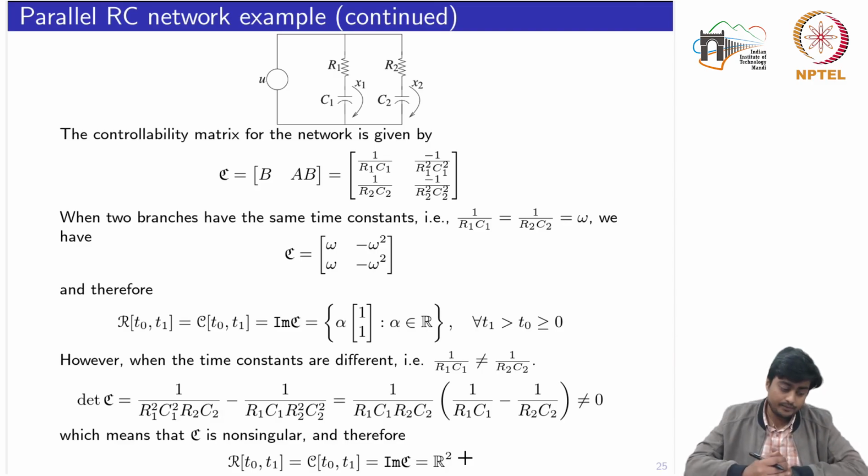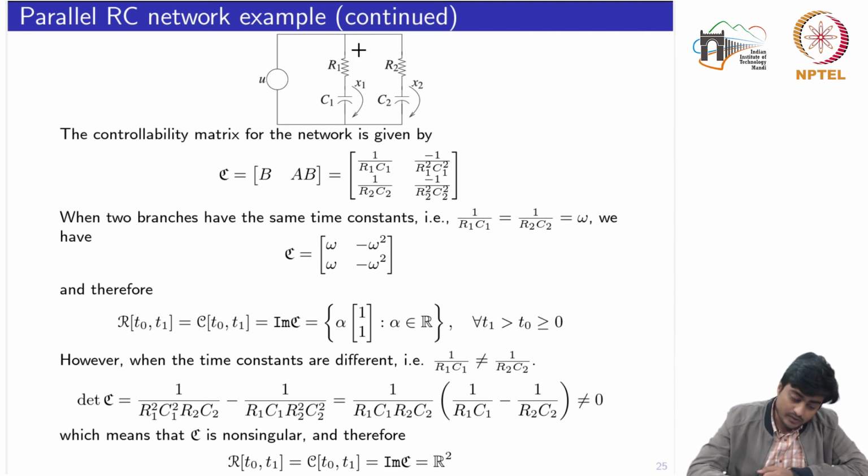We can recall the example with which we have started as a motivation. So this is the same example where we have two branches R1, C1 in parallel with R2 and C2 supplied with some voltage U. Okay, so in the previous example we made a conclusion that the reachable subspace and the controllable subspace are basically the set of alpha times the vector 1 1 of 2 dimension.